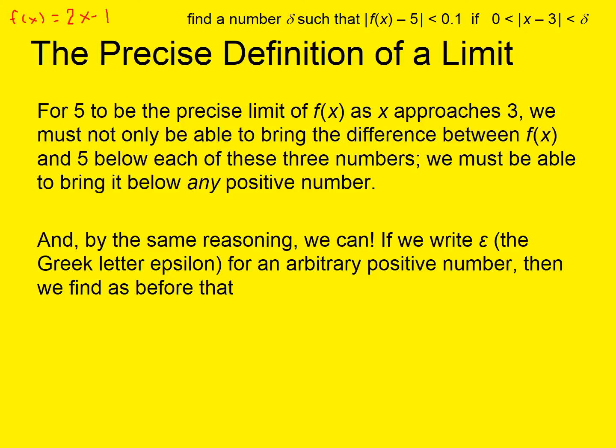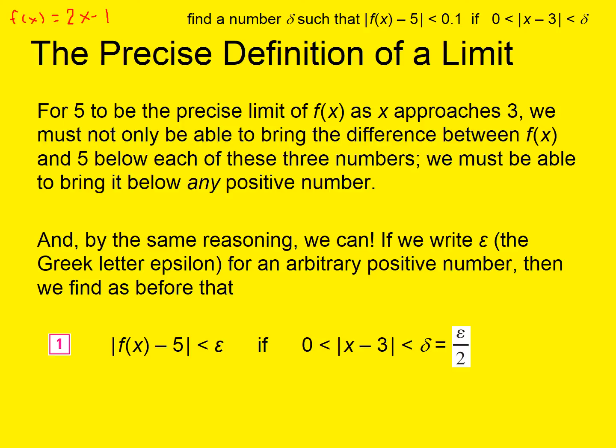If we write epsilon, the Greek letter epsilon, for an arbitrary positive number, then we find, as before, that statement 1: absolute value of f of x minus 5 is less than epsilon if 0 is less than absolute value of x minus 3 is less than delta, equal to epsilon over 2.